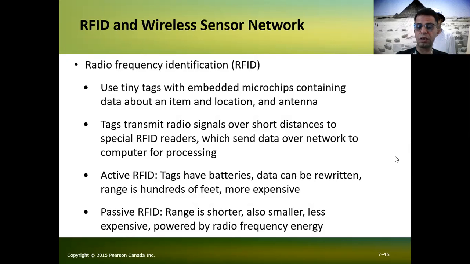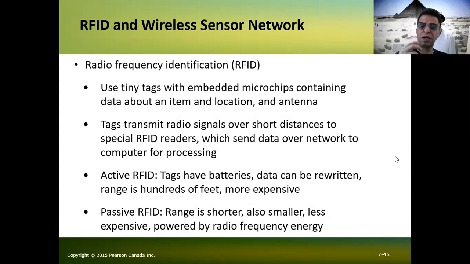We did that also for warehousing. We did that for another government for allocating their tools, PCs and desktops and all these things. So radio frequency identification uses a tiny tag with embedded microchips containing data about an item and location.